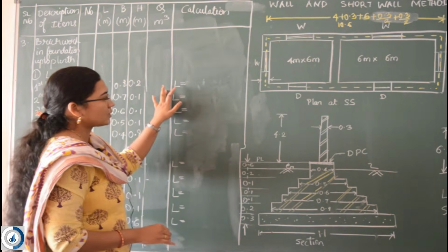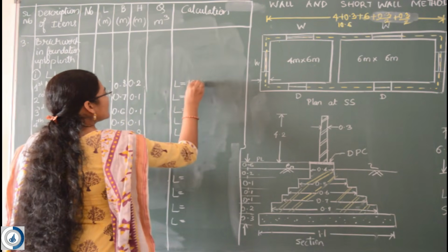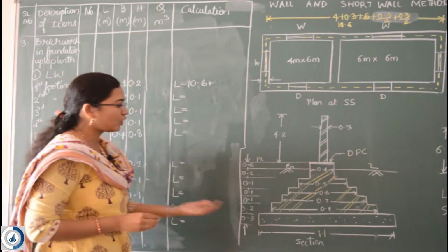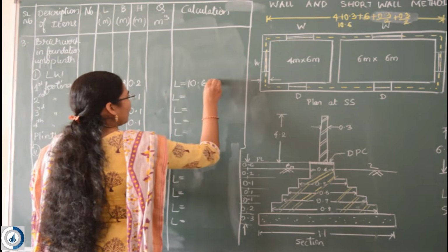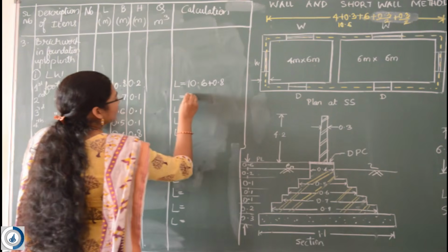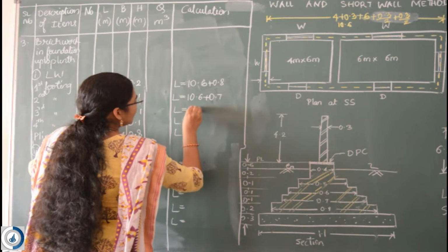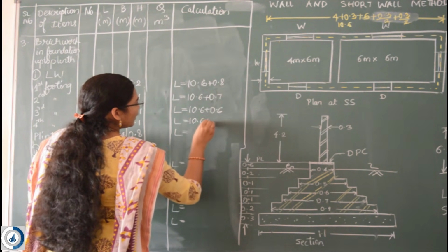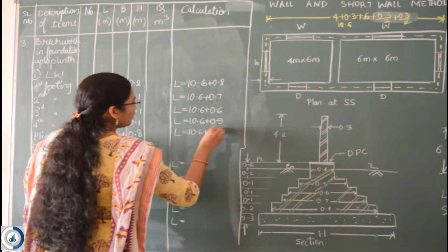The long wall distance. As we know, the center to center distance is 10.6. To that we should add the width of the first footing, which is 0.8, which we have written here. Similarly, the next one, 10.6 plus 0.7, 10.6 plus 0.6, 10.6 plus 0.5 and 10.6 plus 0.4.